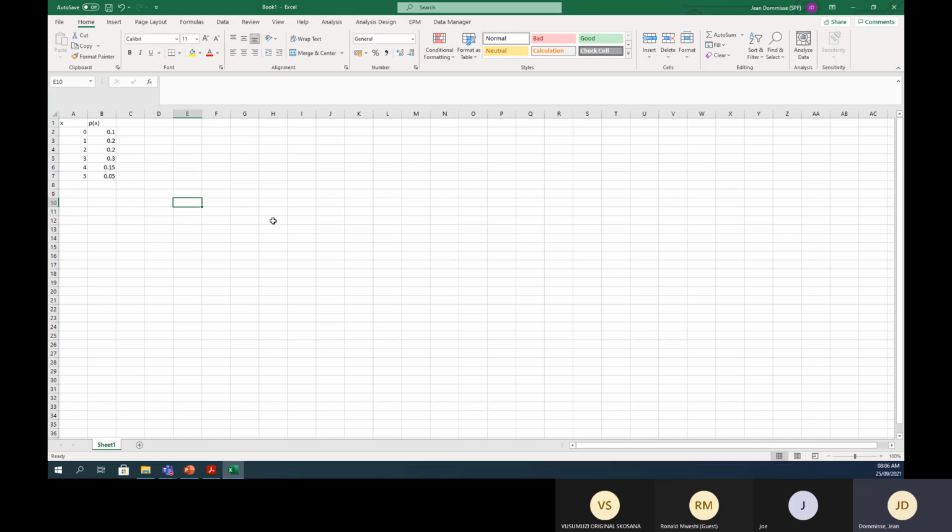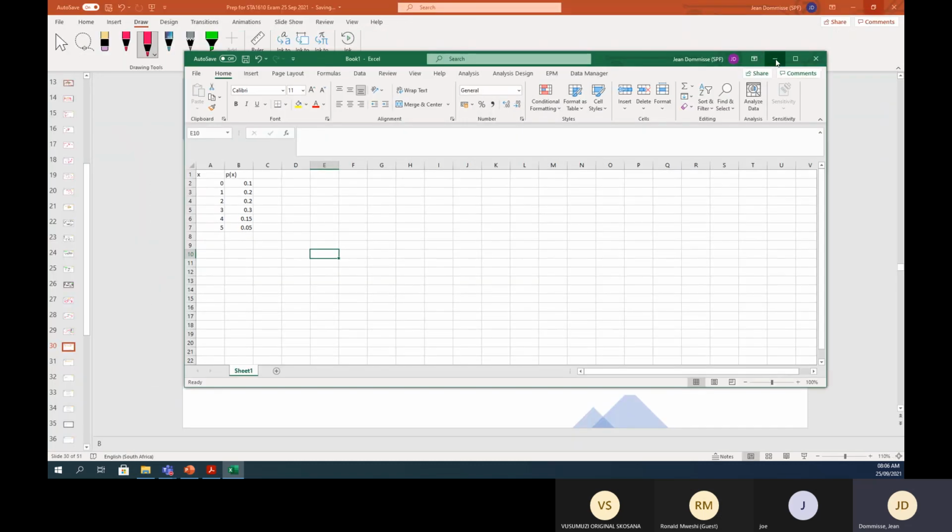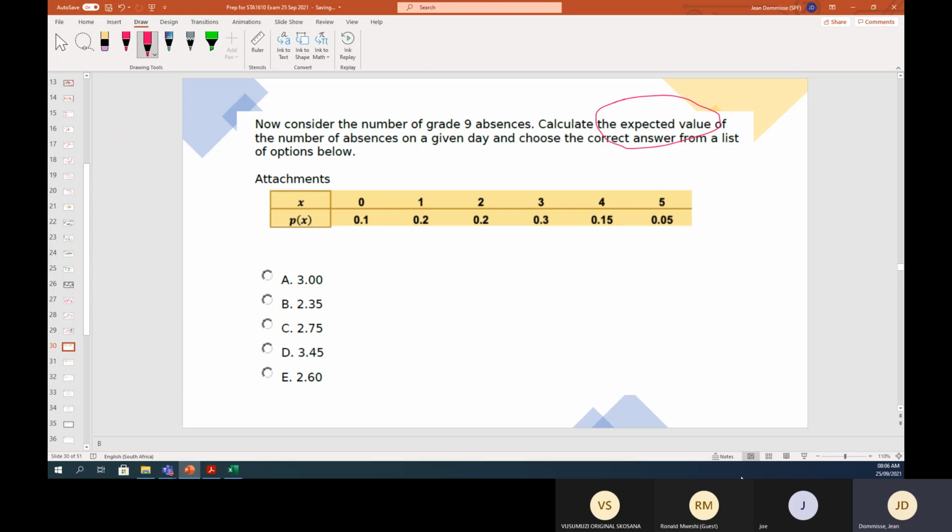When we work out the expected value of the mean of a discrete, the formula for that is that every time we take the x value times the probability.